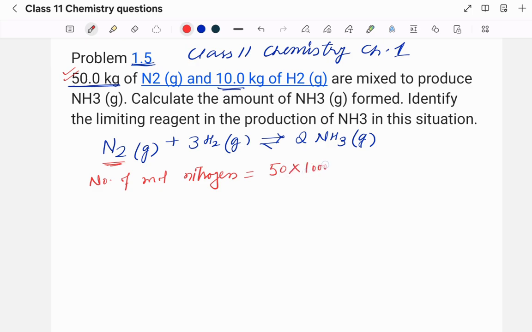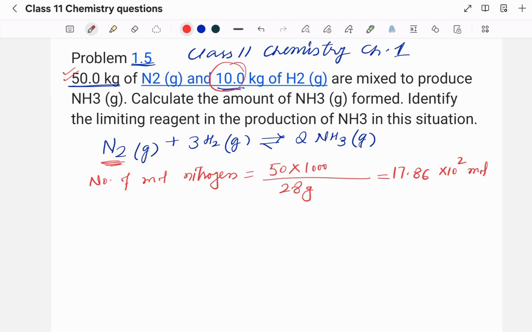We are going to multiply it by 1000 and divide it by the molar mass of nitrogen, which is 28 gram. And we get the solution, which is 17.86 into 10 to the power 2 moles of nitrogen. So this many moles of nitrogen have been given.